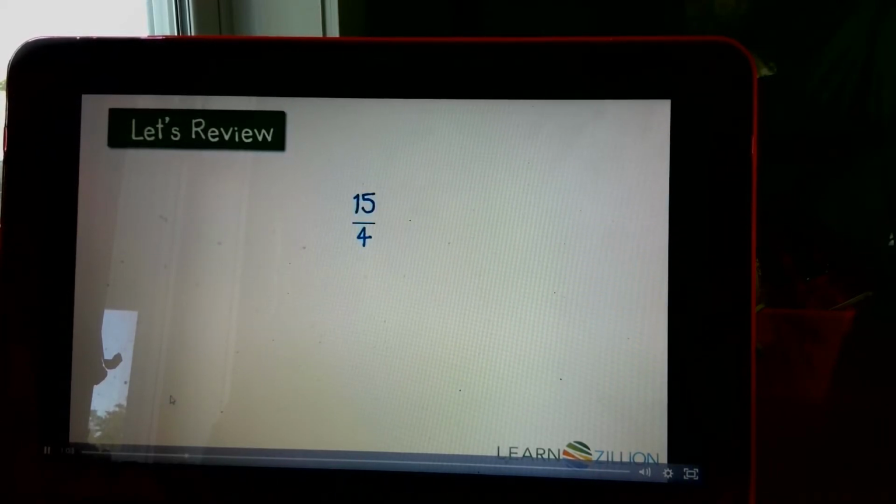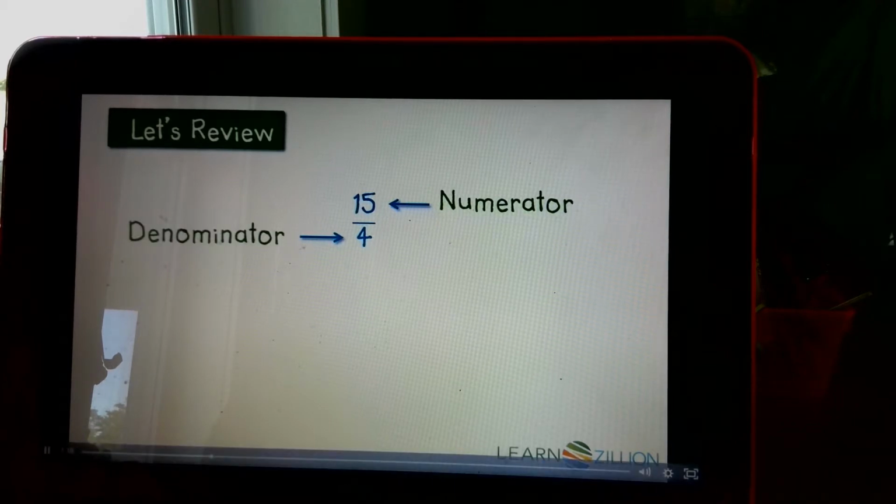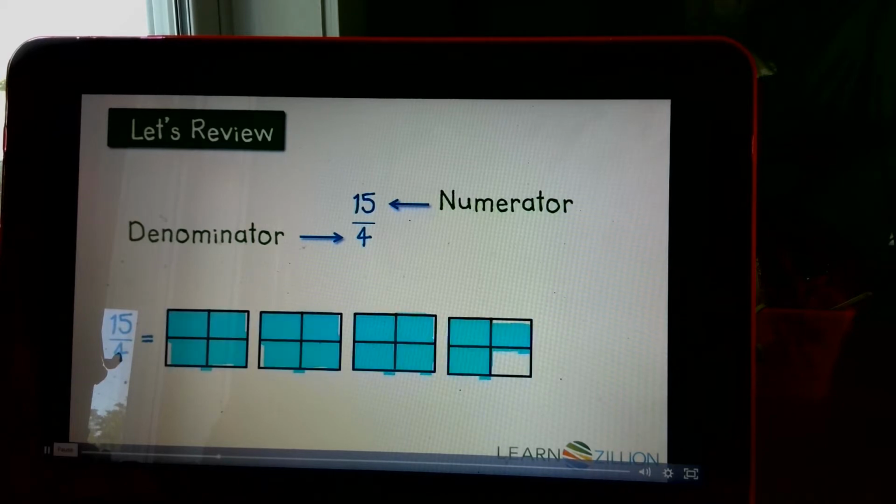Let's review. An improper fraction is a fraction that has a numerator that is larger than the denominator. One of the ways that we know how to show a mixed number is to use a picture to show the improper fraction. The way we figure out how to represent our improper fraction is to look at the denominator to tell us how many parts are in the whole.